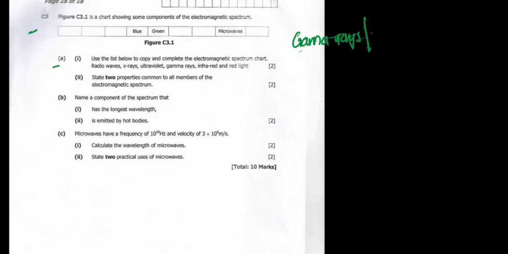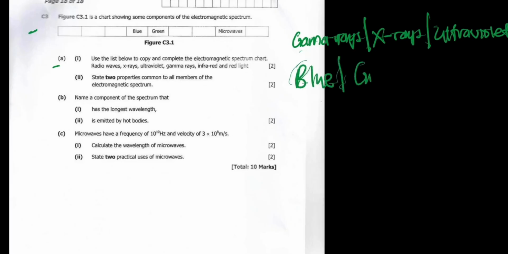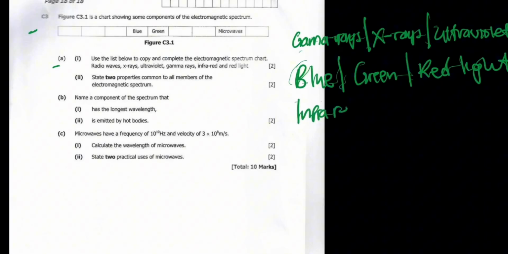And this should be followed by the X-rays, which are then followed by ultraviolet, which is then followed by the blue light here, which is followed by green, which is then followed by red light, and this is followed by infrared, which is then followed by microwaves.